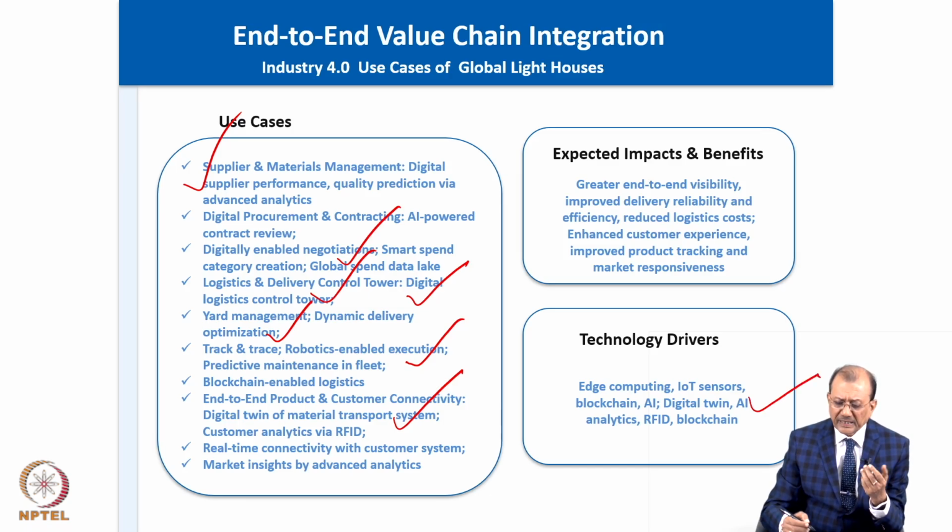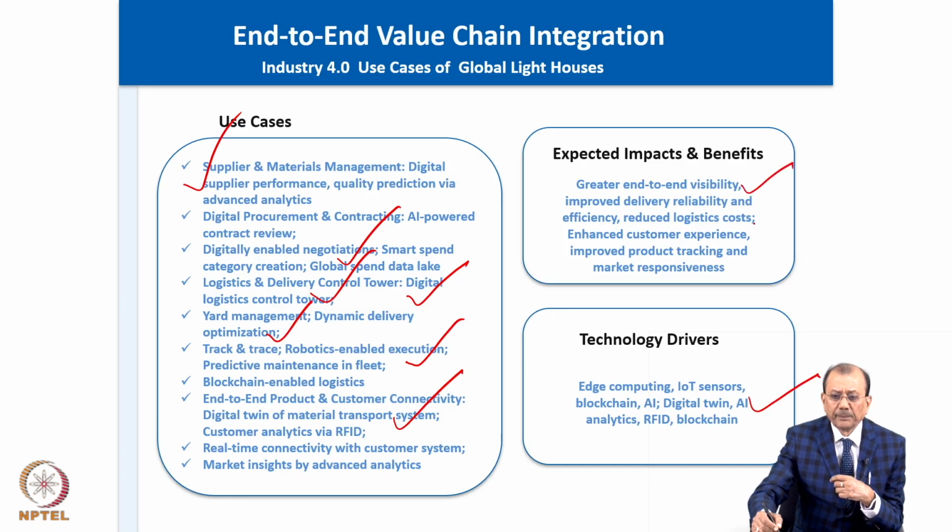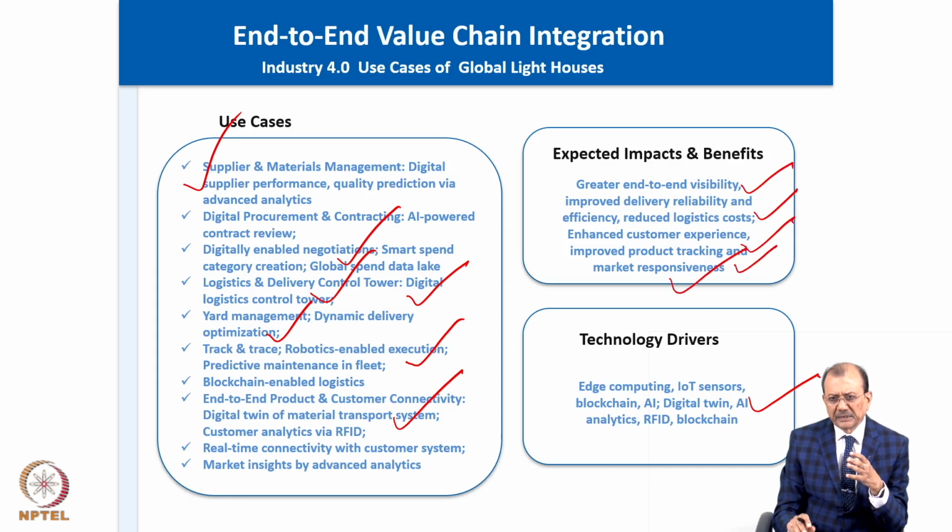So what are the benefits we are getting with the help of these use cases? Greater end-to-end visibility, improved delivery reliability, enhanced customer experience, improved product tracking, and market responsiveness. These are some of the very important market-focused initiatives which any company wants to take, and which help them make their supply function, manufacturing function, and delivery and logistic function smart.